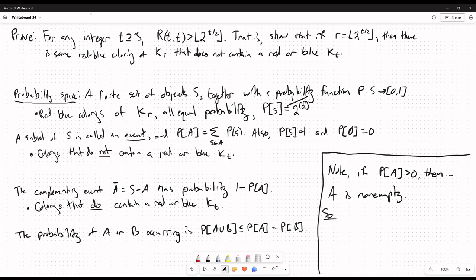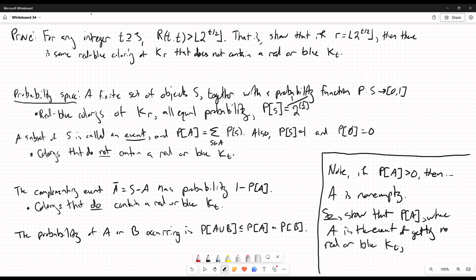So what are we going to be trying to show? We want to show that P(A), where A is the event of getting no red or blue K_t, has a probability greater than 0.